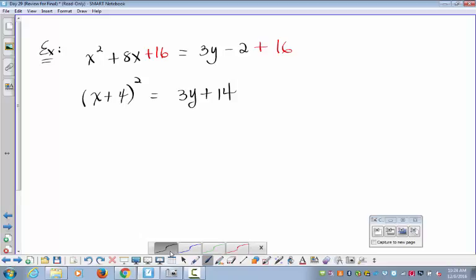What is the vertex? Certainly minus 4 is the x-coordinate of the vertex. So we have to do factoring on the right-hand side before we see the rest of the vertex. In the last one, there was a 1 out there, so it didn't really matter.